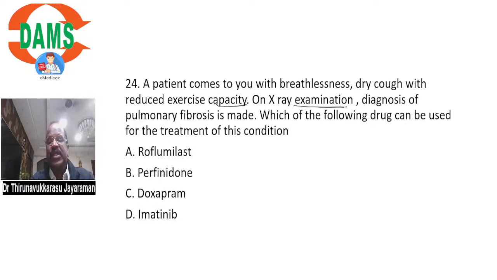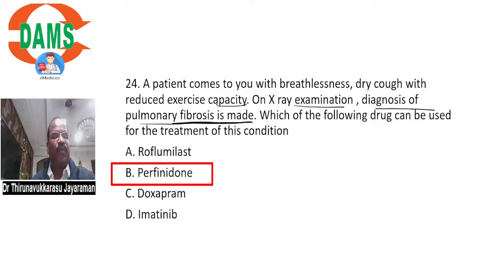Next, a patient comes with breathlessness, dry cough, with reduced exercise capacity. On examination, diagnosis of pulmonary fibrosis is made. Which of the following drugs can be useful for treatment of this condition? Answers are roflumilast, pirfenidone, doxapram, imatinib. What is the answer? The answer is pirfenidone.